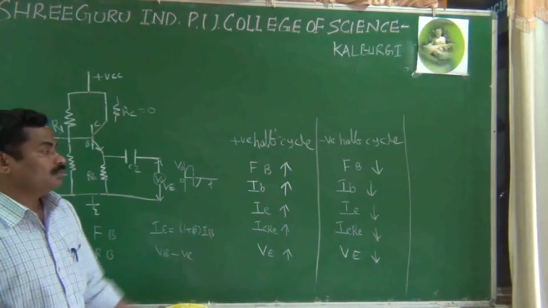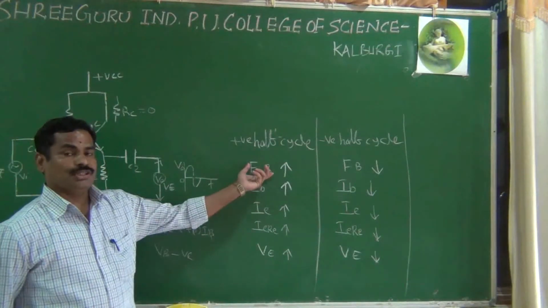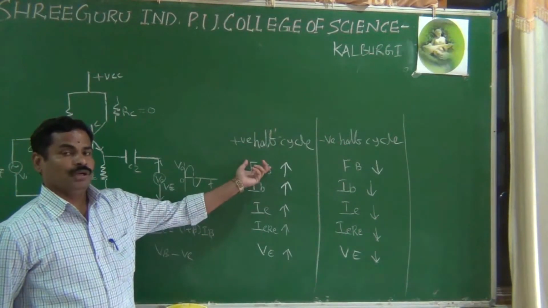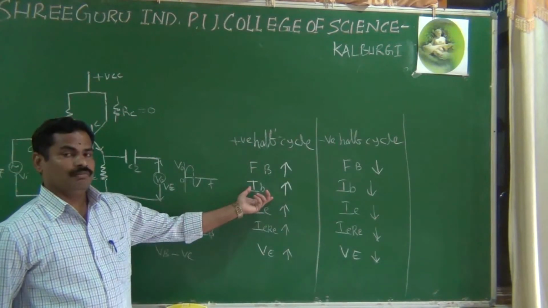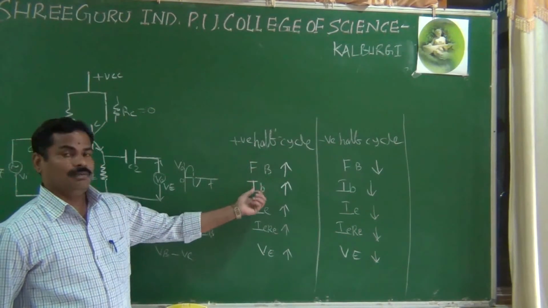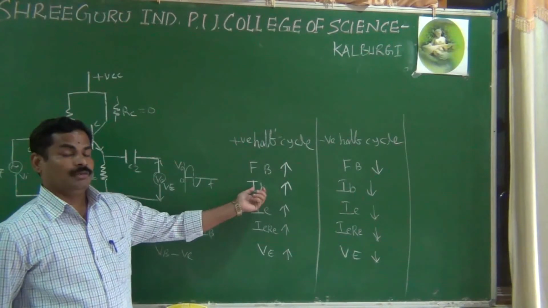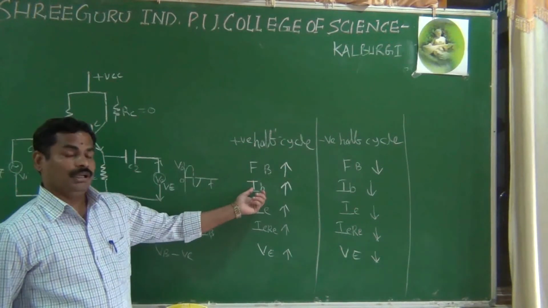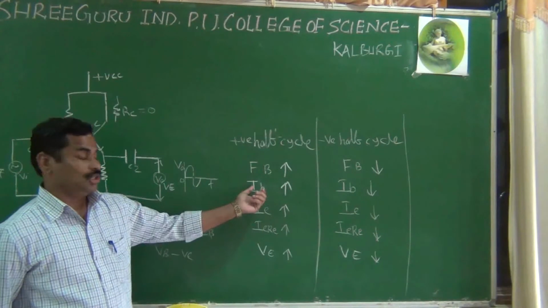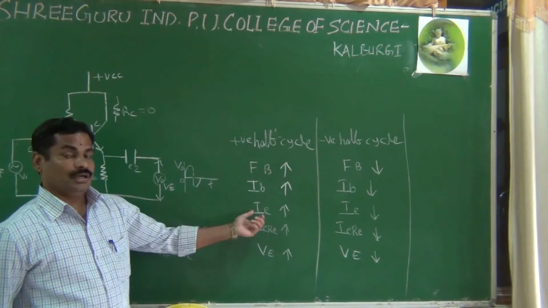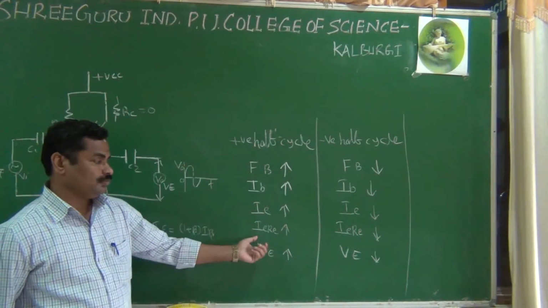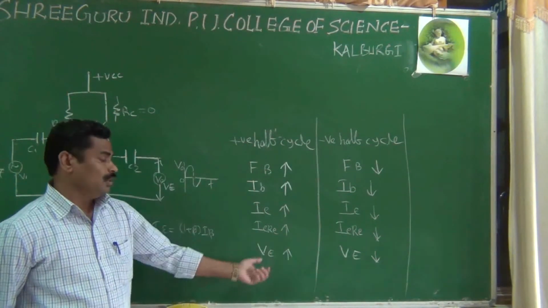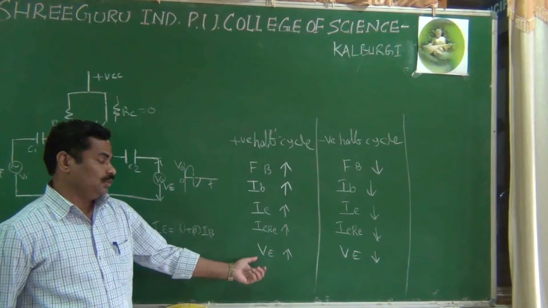The forward bias increases, so the input current IB increases. Once IB increases, the output current IE also increases, IE into RE also increases, and finally the output voltage also increases.